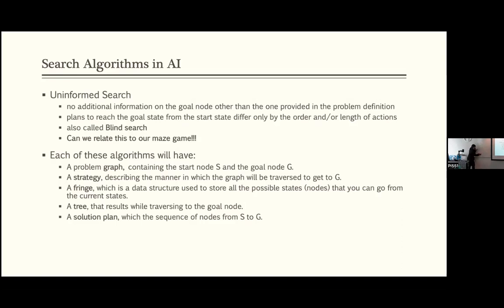This is the graph, where we do not have any information. We have to traverse the graph. And then this traversed graph is called a tree.